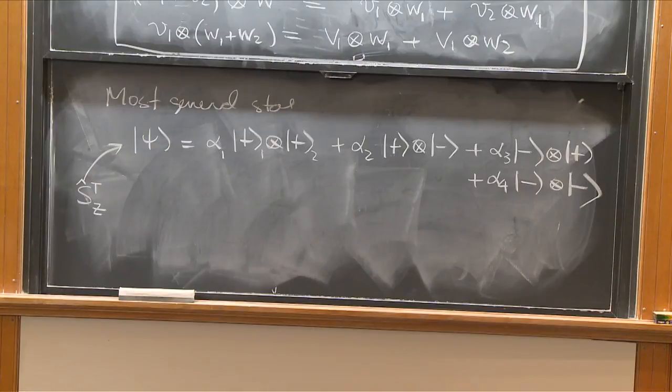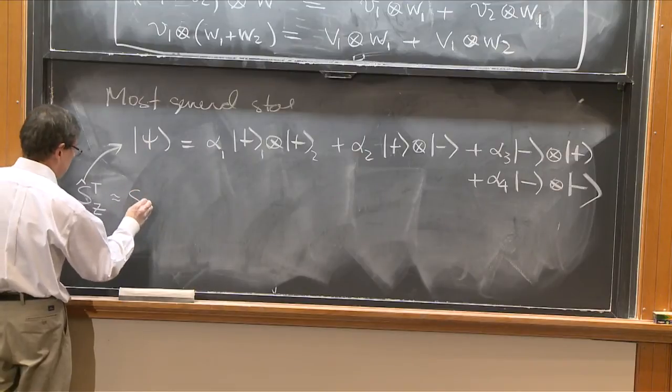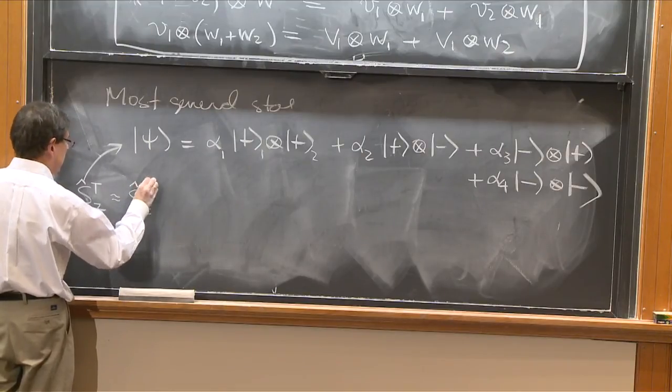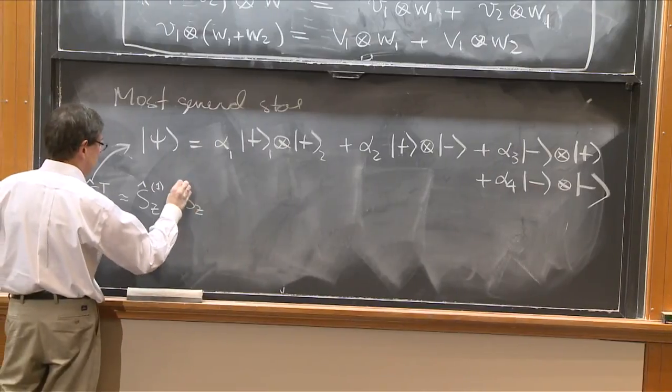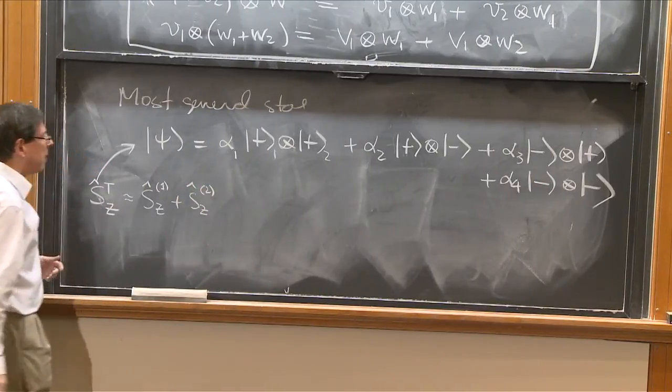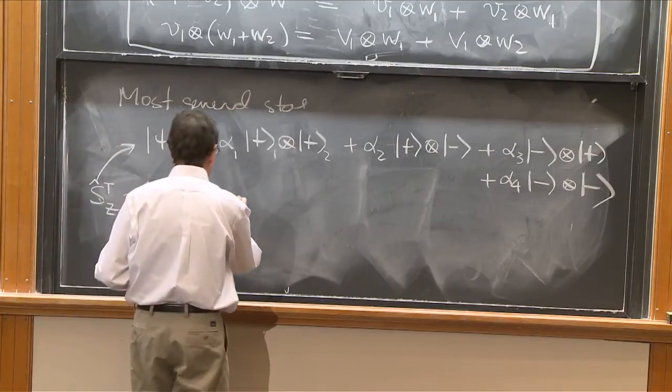Naively speaking, the total z component of angular momentum would be the z component of the first particle plus the z component of the second particle. But that's not the way we should write it. So how is it really?